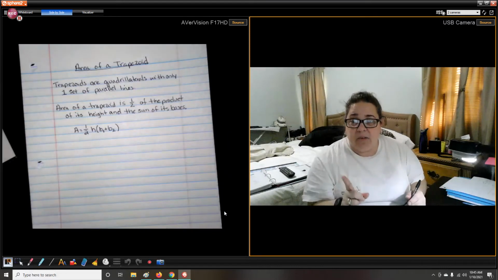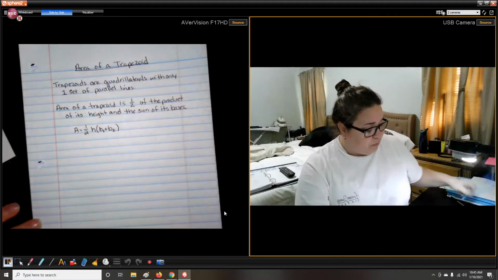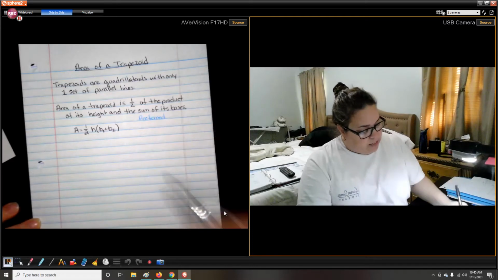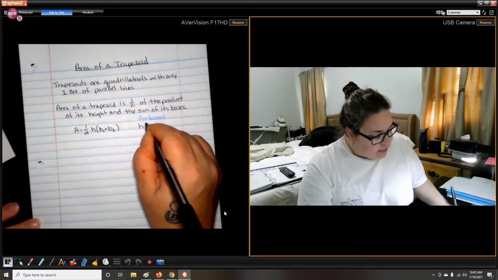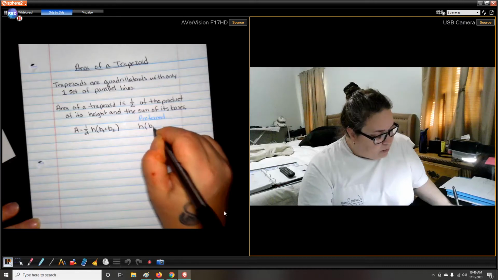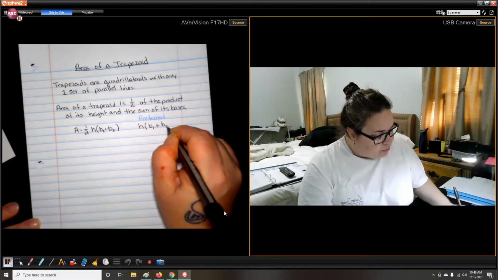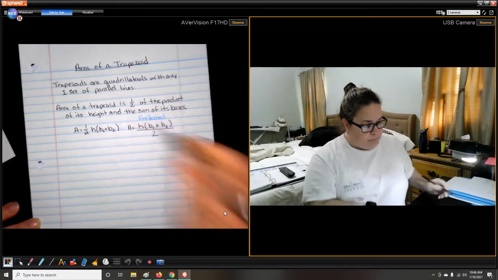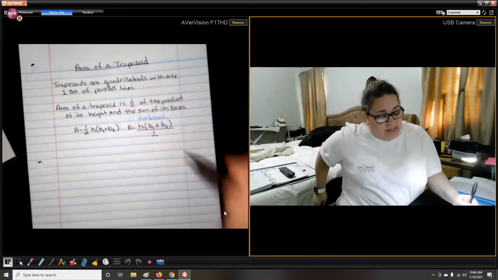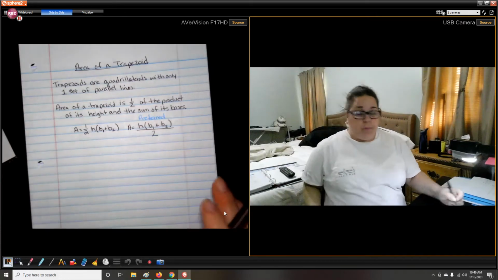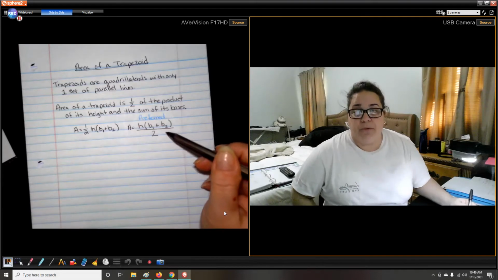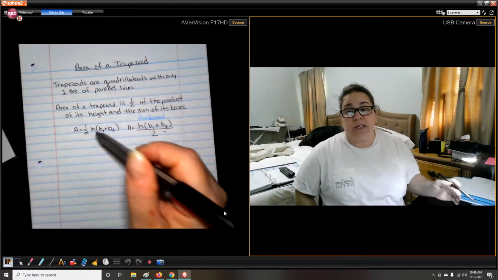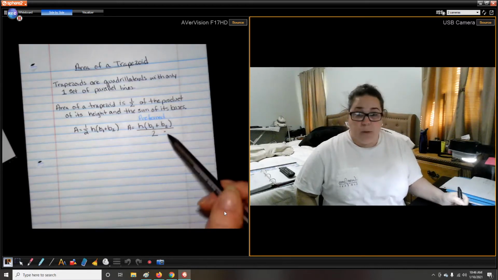But the way that I like to write it better, just like the triangle, this is the preferred way. Preferred is height times base 1 plus base 2 divided by 2. Okay, so I like this second one. Students seem to do better when they use this second one. I prefer for you to use the second one, and I will teach you using the second one. If you want to try the other one and see how it works for you, that's up to you, but this is what we use, okay?